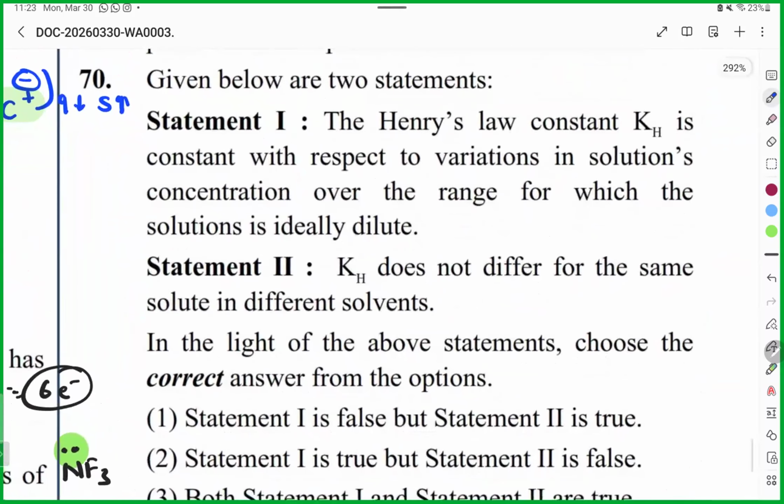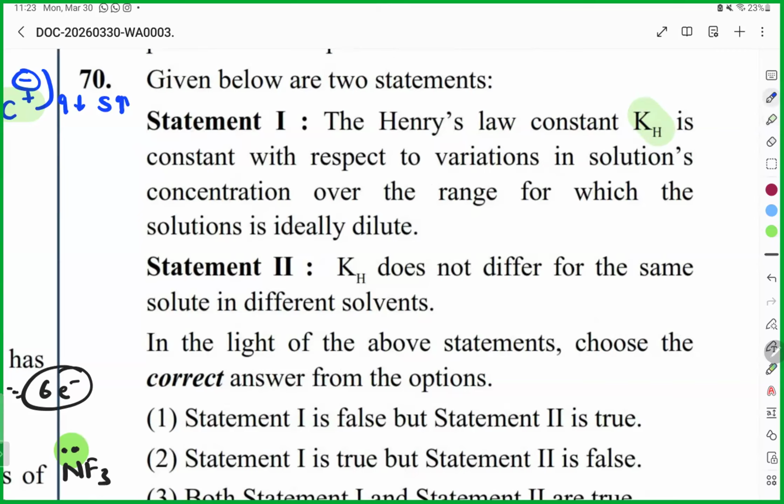70th. Next question, guys. Henry's law, KH is constant, right? Sir, constant with respect to the variation in the solution concentration over the range to which the solution is ideally dilute.